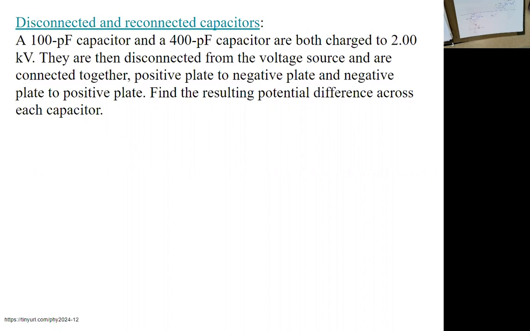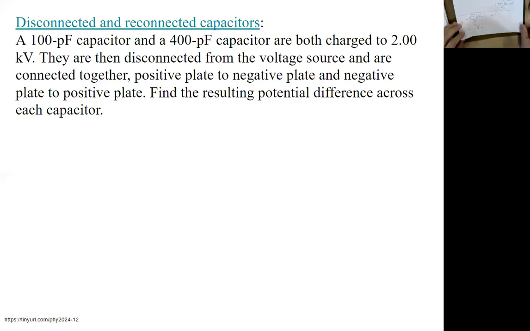If you have a combination of capacitors, after you remove the power supply, because you have charges built up across the plates of each capacitor, the charges may be redistributed, since the charges are not all the same across each plate. So we'll take a look at this example here.